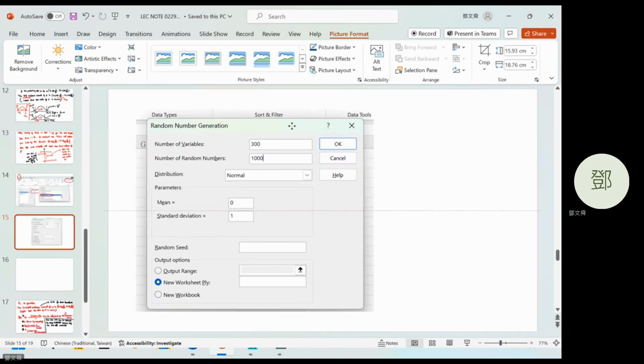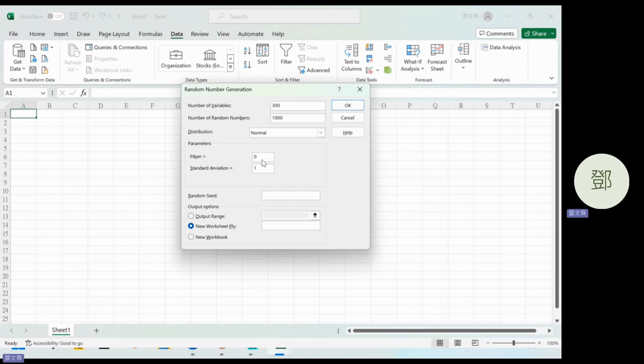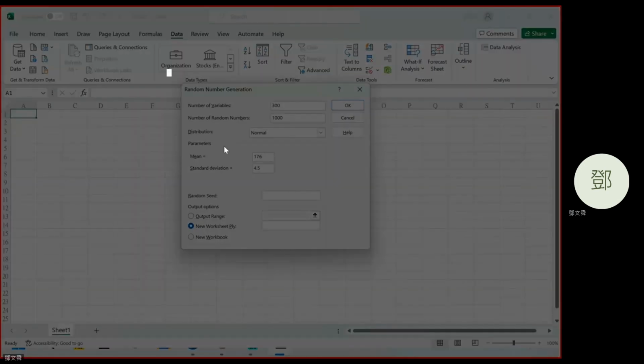Normal distribution. For example, the population is the height of TKU boy students, and the mean height is 176, with a standard deviation of 4.5.